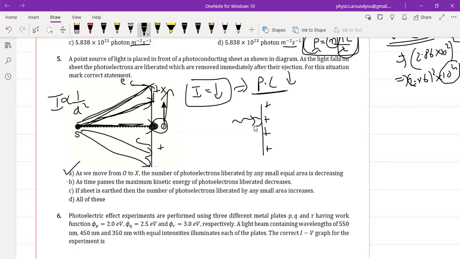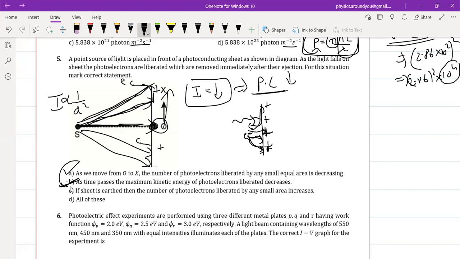It will be very difficult for the electron to escape as time passes, because the electron will feel a force of attraction towards this charged sheet. So as time passes, electron emission would become more and more difficult, because it has to spend some of its energy in overcoming the electrostatic force of attraction. Therefore, the maximum kinetic energy of the electron decreases.